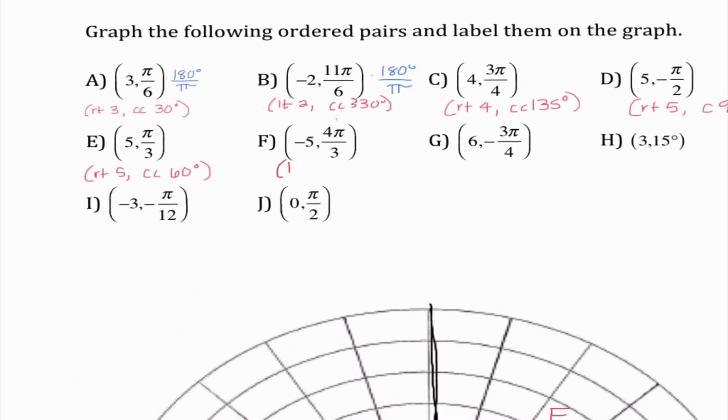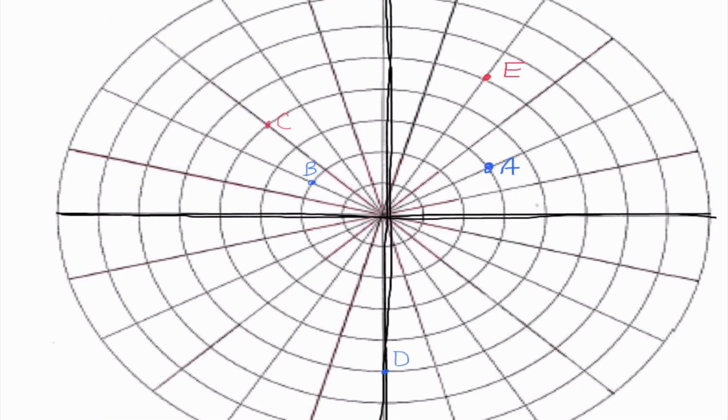Next, I'm going to go to the left 5, and when I convert this into degrees, I end up getting that we're going to move counterclockwise 240 degrees. So I'm moving to the left, 1, 2, 3, 4, 5, and I'm moving counterclockwise 240.